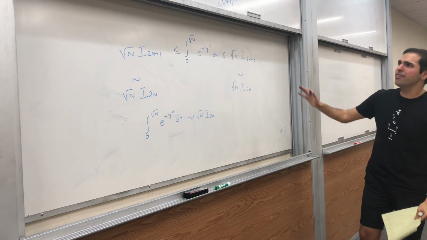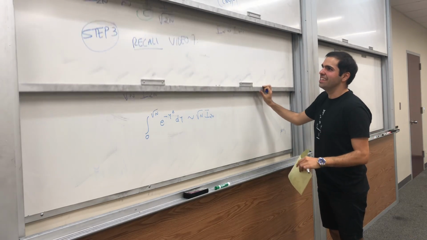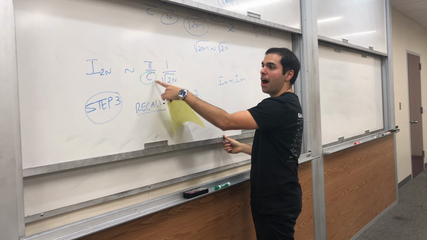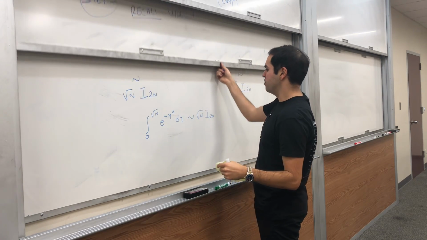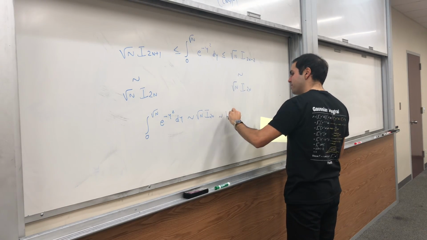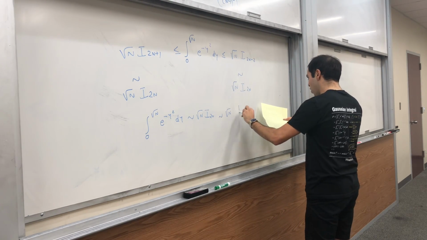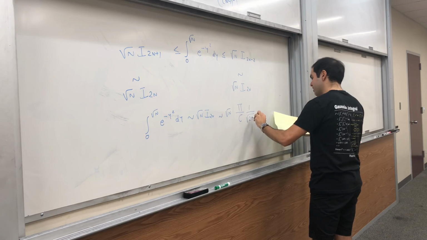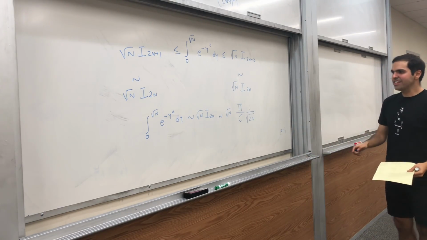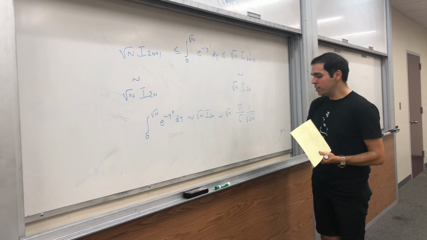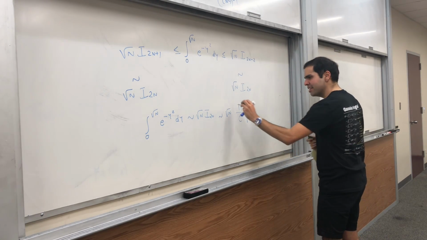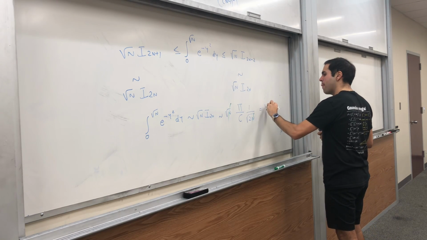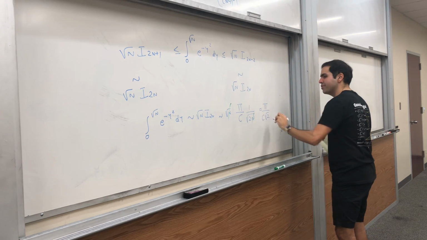All right. And here is now where we use the identity that we derived here. I_{2n} is asymptotic to pi over c times 1 over square root of 2n. So this thing is also asymptotic to square root of n times pi over c times 1 over square root of 2n. And the nice thing is, the square root of n and this square root of n cancel out, and we get pi over c square root of 2.